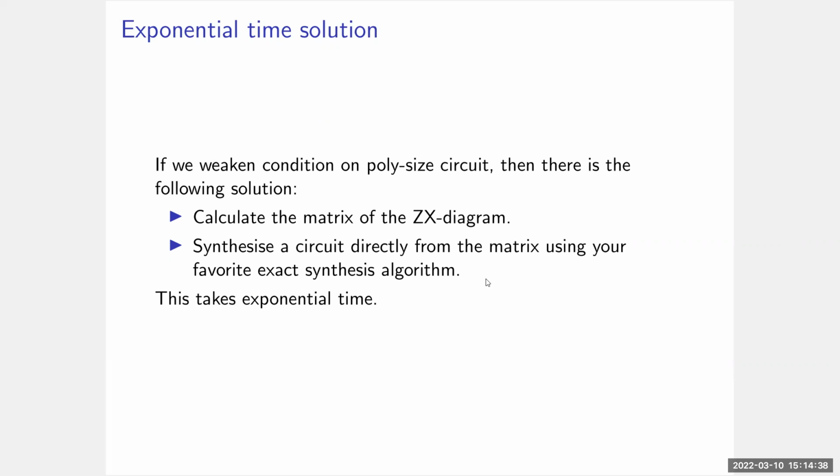There's, for instance, a synthesis algorithm for Clifford+T, which takes in a matrix and then outputs a Clifford+T circuit. But this generally will be an exponentially sized circuit. But this is a way to get some circuit out of your ZX diagram. Obviously, this is not very nice. It takes exponential time and generally results in an exponentially sized circuit as well.